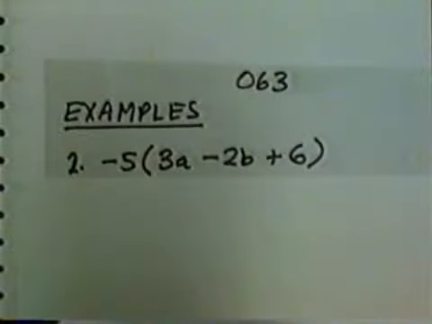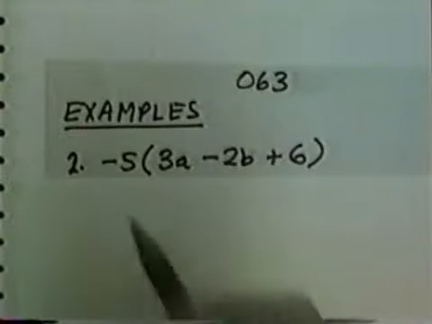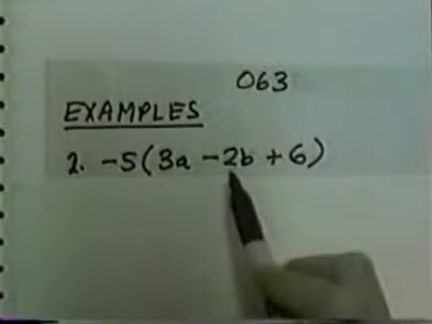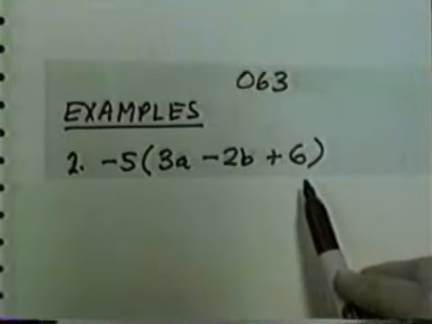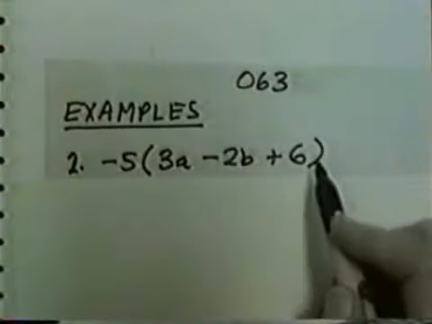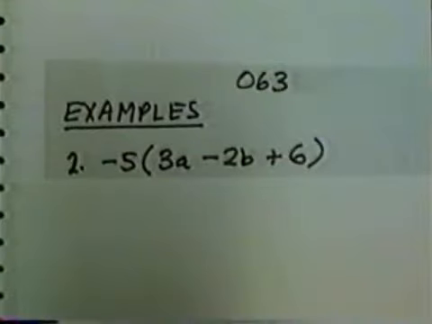This one is a bit more complicated. Example 2 is -5 times (3a subtract 2b add 6). The -5 factor must be multiplied by every term inside the parentheses.